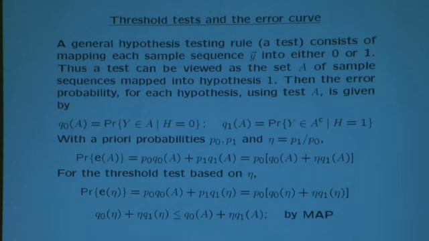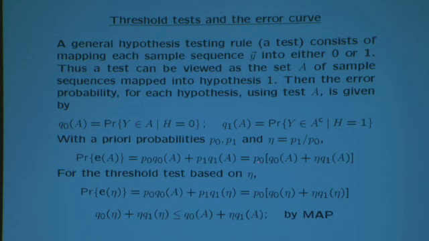If I have a priori probabilities, I'm going back to assuming a priori probabilities again. The probability of error is P0 times the probability I make an error given that h equals 0, plus P1, the a priori probability of 1, times the probability I make an error given 1.